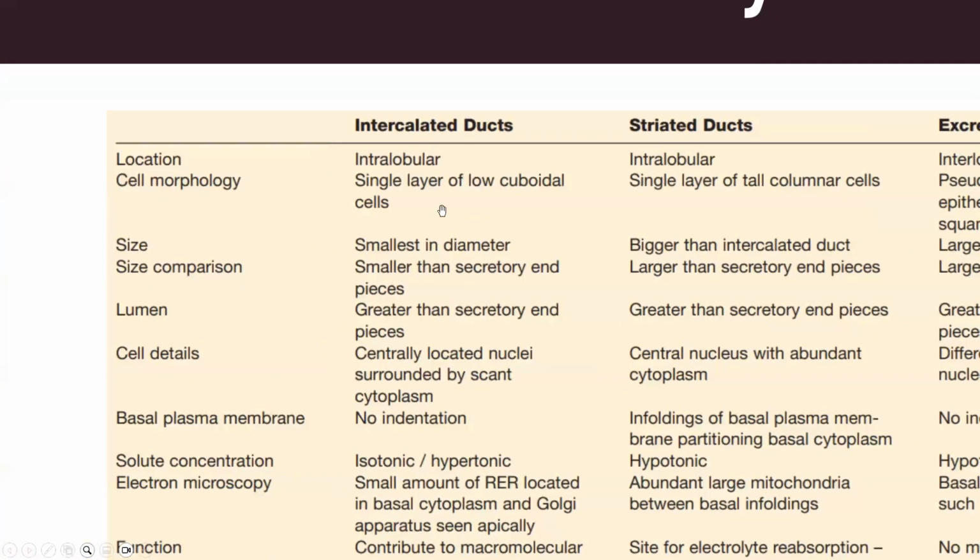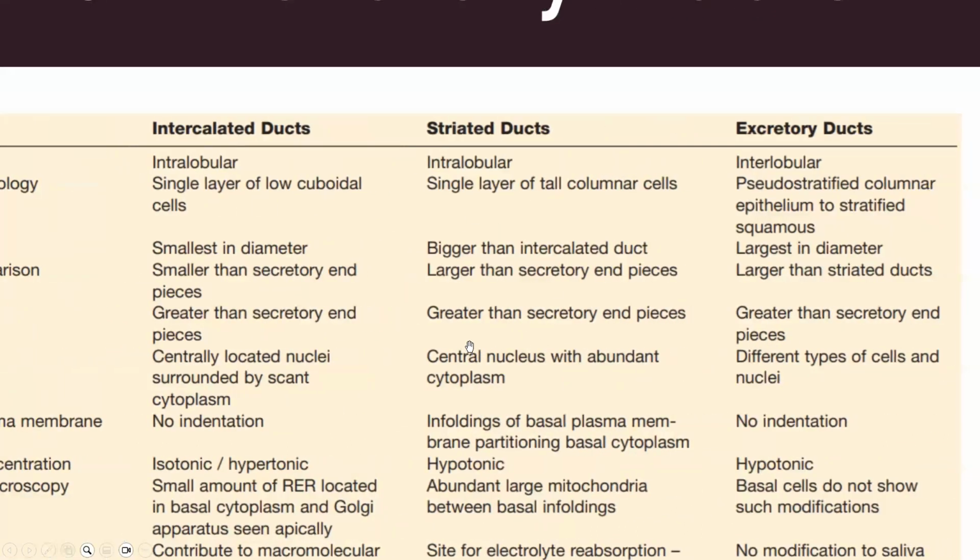Cell details of intercalated: centrally located nuclei surrounded by scant cytoplasm, a very small amount of cytoplasm. In striated, again the nucleus is central, but cytoplasm is in abundance. And in excretory, there are different types of cells and nuclei.